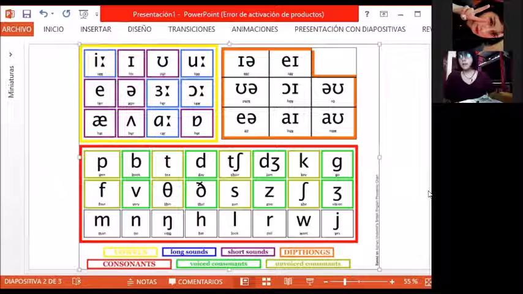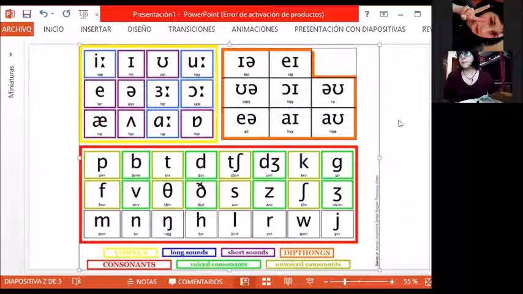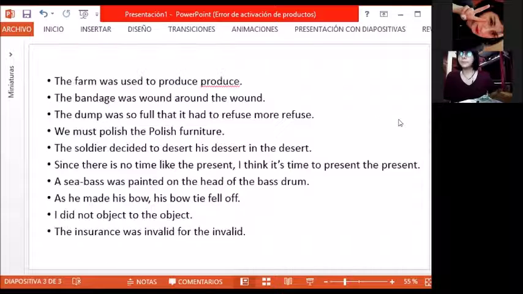And last but not least, we have the pronunciation of these different sentences.